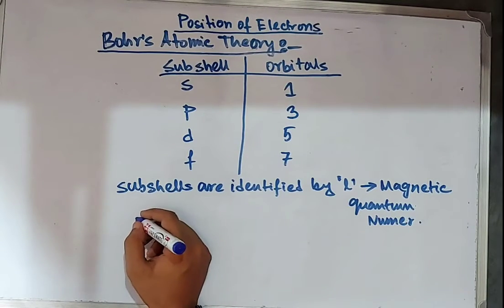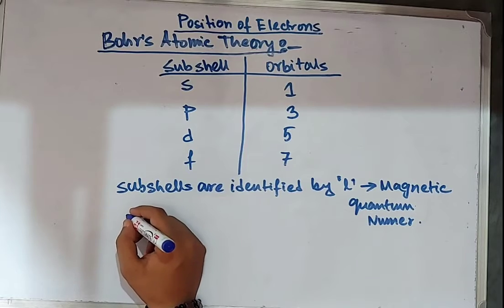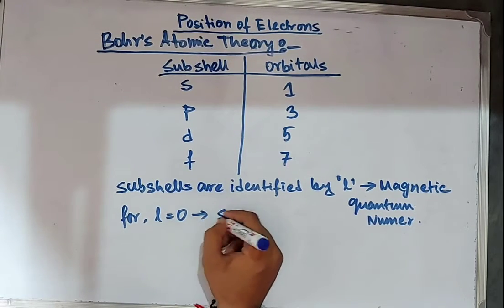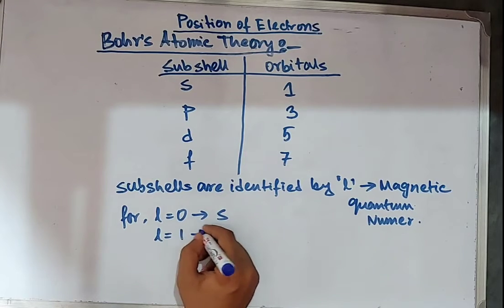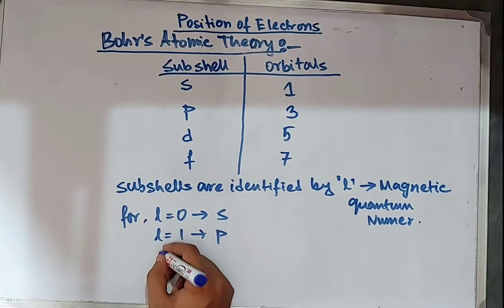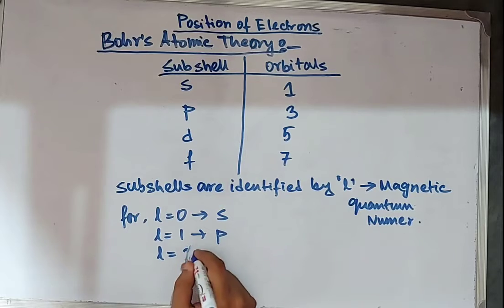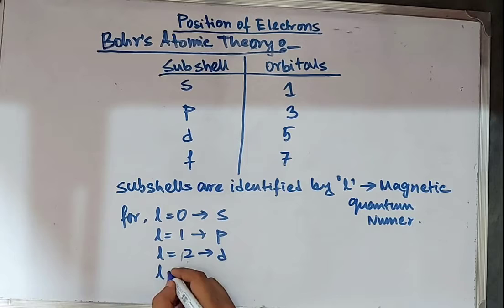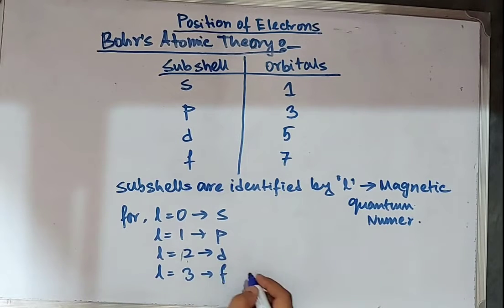For L equal to 0, we represent S. For L equal to 1, we represent P. For L equal to 2, we represent D. For L equal to 3, we represent F.